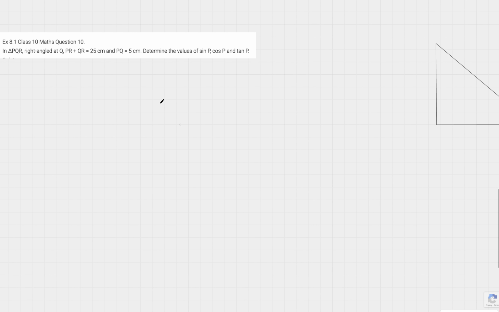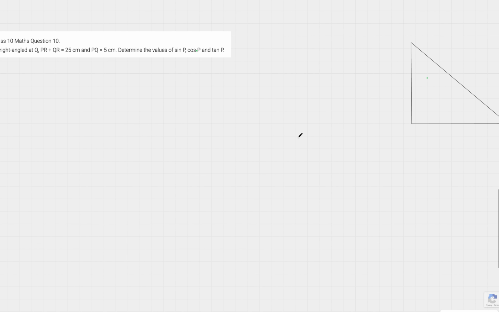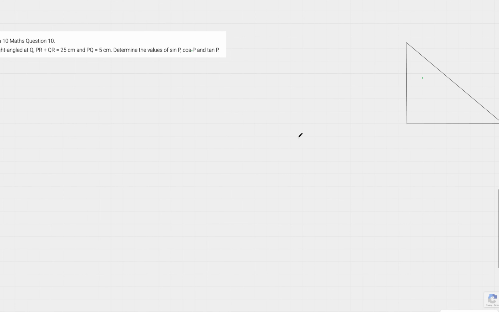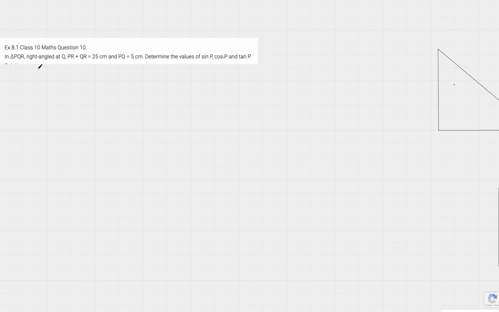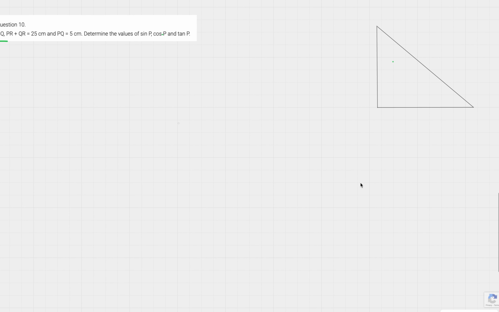Okay. So this is our 10th question. Let's move a little bit here. The question is: PQR is a right angle triangle at Q. So Q is the right angle, then this is P, this is R. PR plus QR is 25 centimeter.